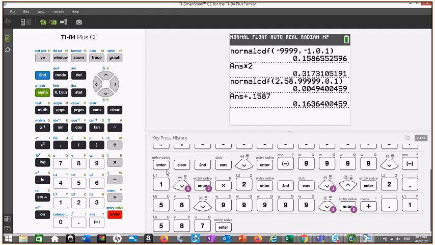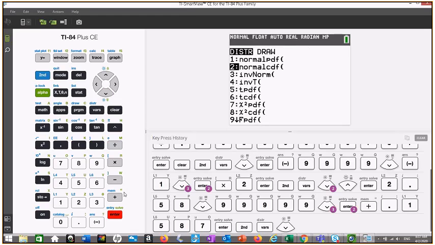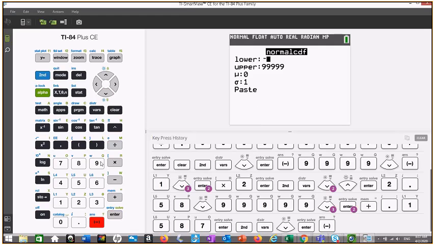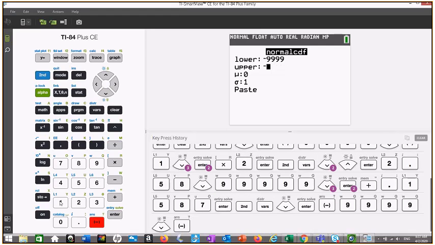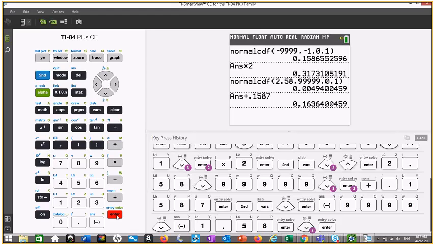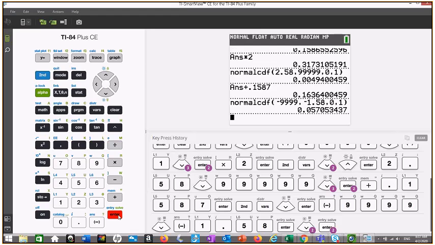So that's going to be, let's find that, second vars, normal CDF, -9999 to -1.58. And that's going to give us 0.0570.